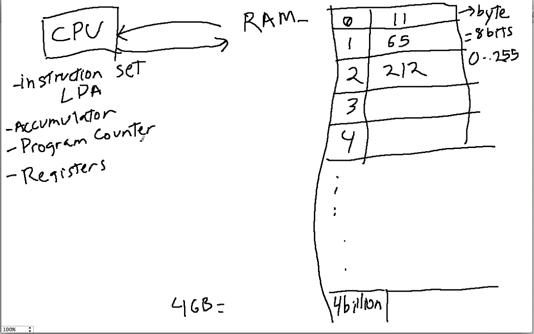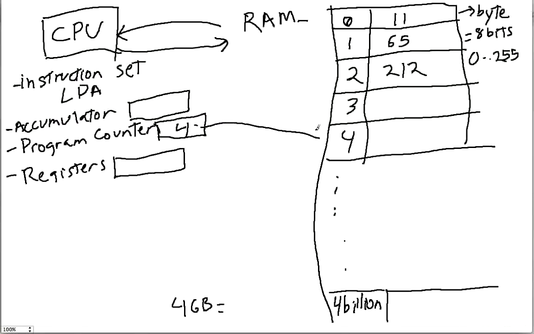This depends on the architectures. But roughly, all of these are just memory locations, or they work just like memory locations, but instead of being in the RAM, they are in the CPU. And the program counter holds a number, which is the number of the line that the CPU is running right now. So if it has number 4, that means that the next thing the CPU is going to do is fetch an instruction from location 4 in the RAM.